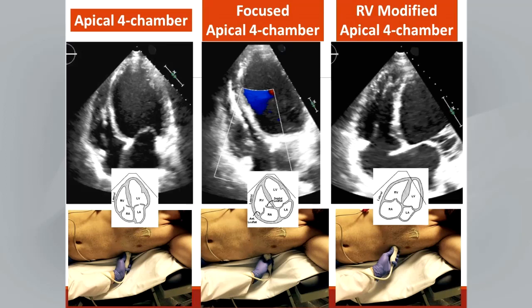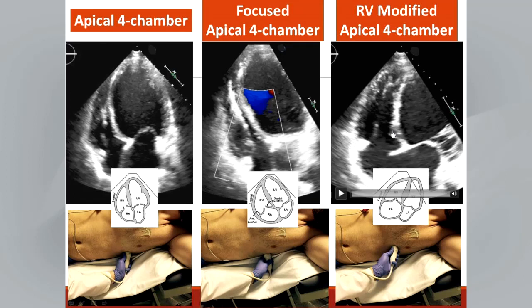The focused apical four-chamber view is one in which we go more lateral with the transducer and tilt the transducer. This is a view in which we want to obtain the maximal basal diameter of the right ventricle and the long axis of the right ventricle.